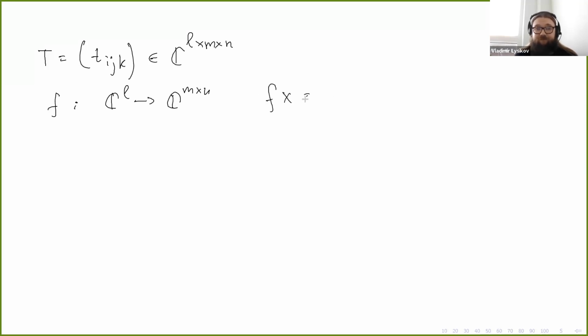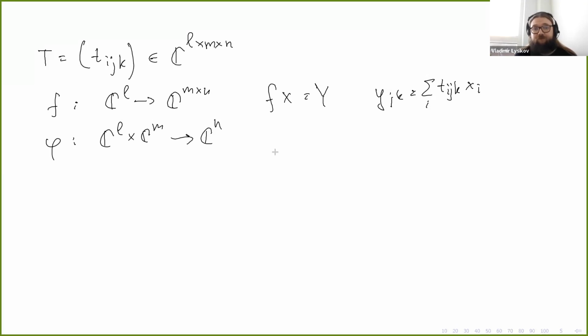So f(x) is Y, some matrix, and Y_jk is again the sum over all i of t_ijk x_i. Or we can use it to define a bilinear map, which takes two arguments: phi of (x, y) is z if z_k is the sum of t_ijk x_i y_j.